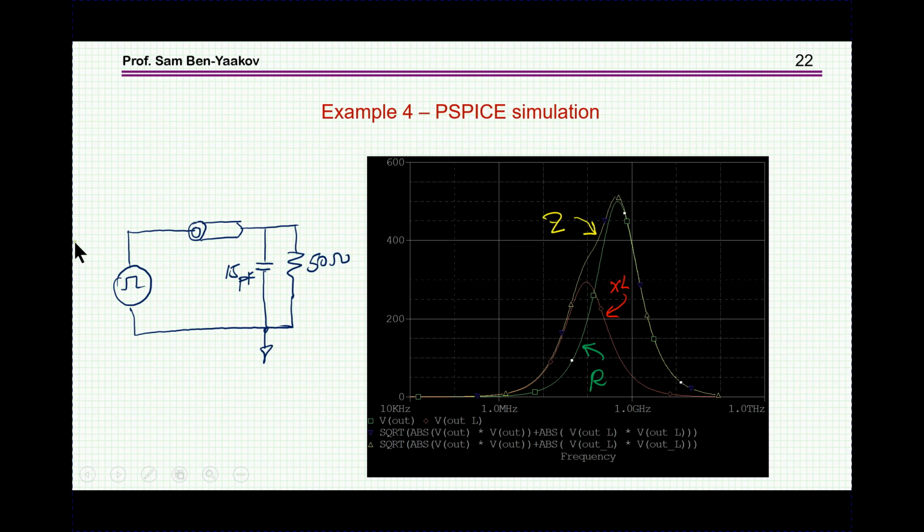So I'm going to test this simple filter. This is the source, and here we have the bead, which has this characteristic. We see that the impedance goes up to, say, 500 ohms. This is 50 ohms, so we're going to have an attenuation at this frequency. And of course, at higher frequency, this parasitic or filter capacitor, you might say, will attenuate it further.